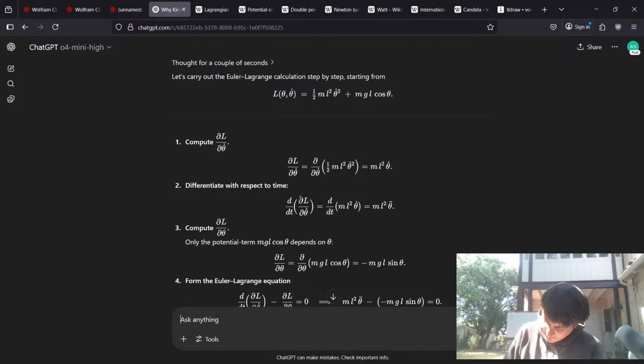m L squared theta double dot plus mgl sine theta is equal to 0. So then we actually do get to cancel out the m's and an L, and we get L theta double dot is equal to minus g sine theta.